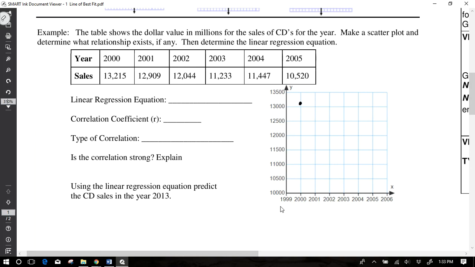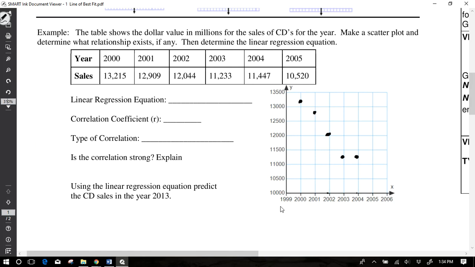Actually, that would be a little higher. 2001 is up 12.9, so it's kind of close. 2002 is 12, and then almost just right above it. 2003 is 11,233. 2004 is 11.